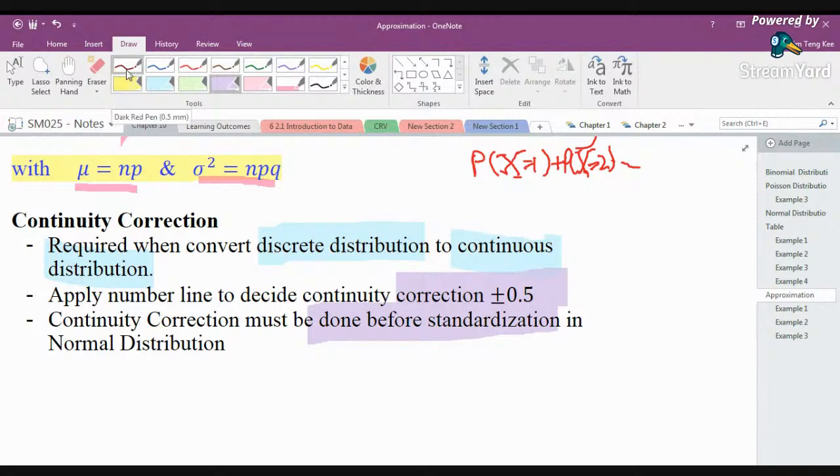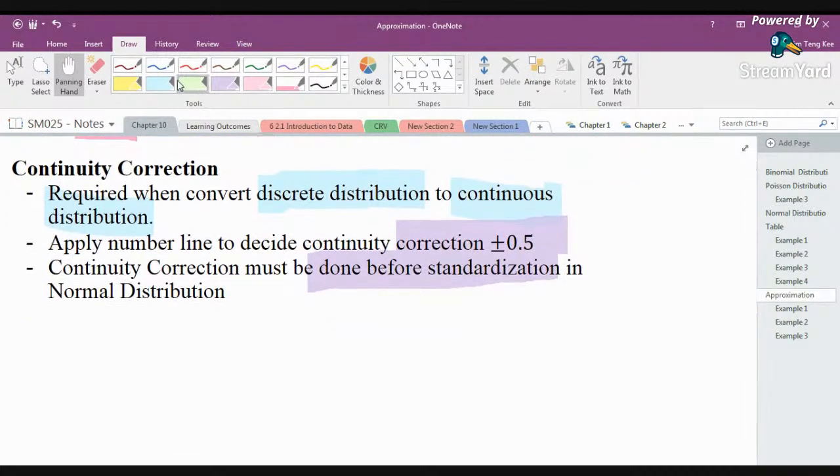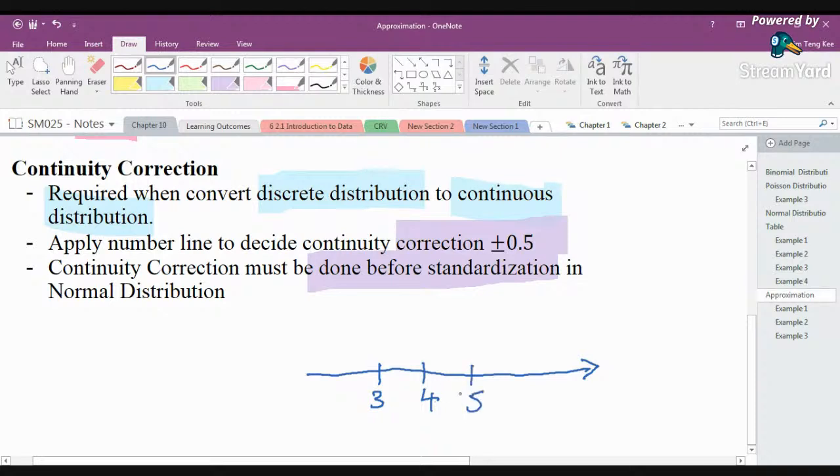And here, before we go on with the examples, let us try to see why we need to do continuity corrections. So guys and girls, let's say I zoom into some particular value. For example, I just make it a simple value. Let's say I have 3, 4, 5. I zoom in on a small part of the binomial distribution.